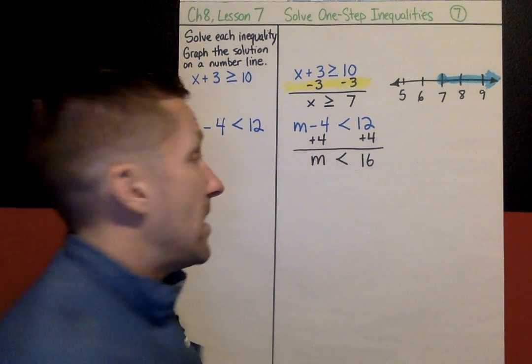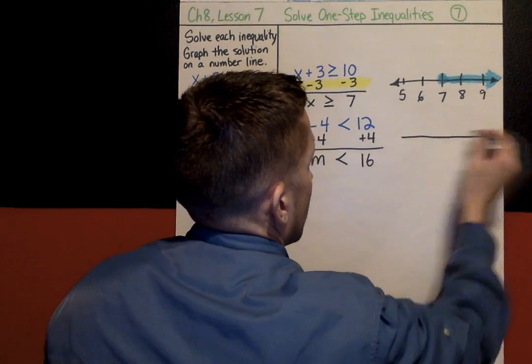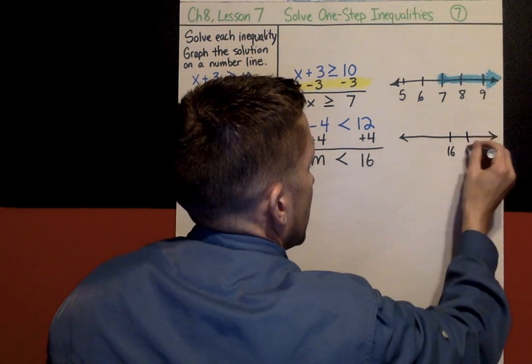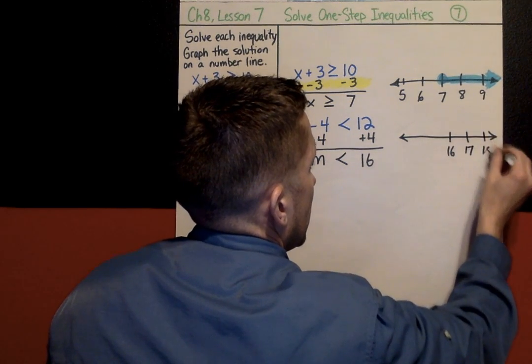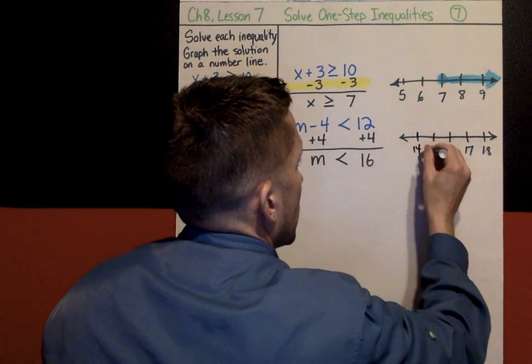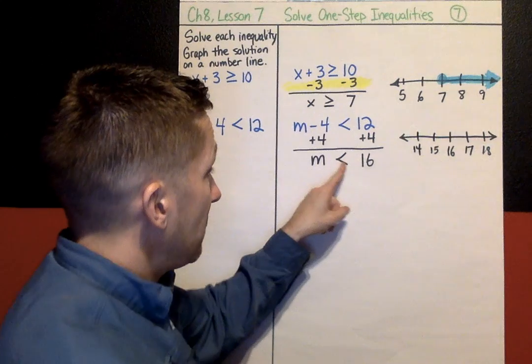Now I'm going to graph the solution on a number line. 16 in the middle, 17, 18, 15, 14.